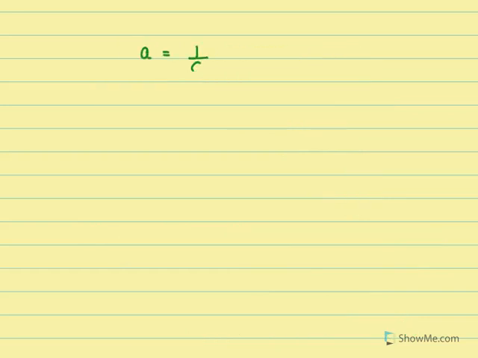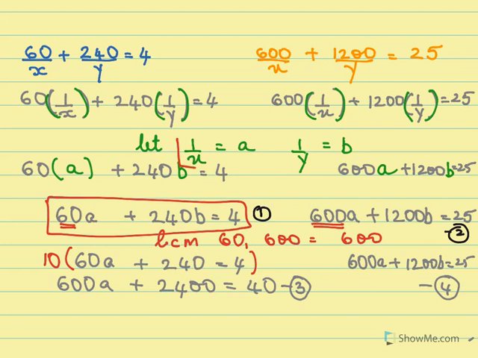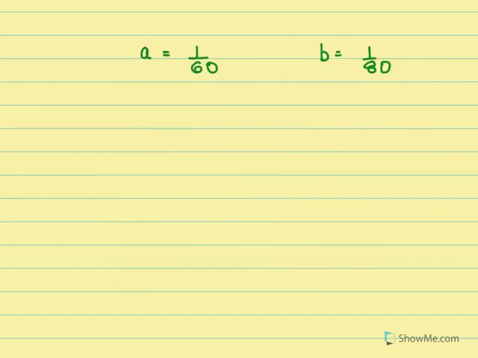In the next part, a is 1 by 60 and b is 1 by 80. Let's go back and see what we had taken our a as. We took our a as 1 by x and b as 1 by y. So for a, 1 by x equal to 1 by 60, so x equal to 60. b is 1 by y equal to 1 by 80, so y is 80.